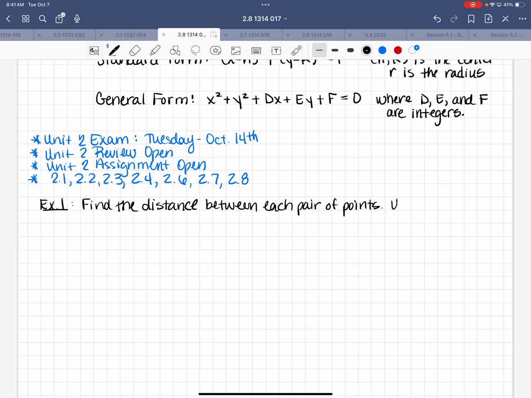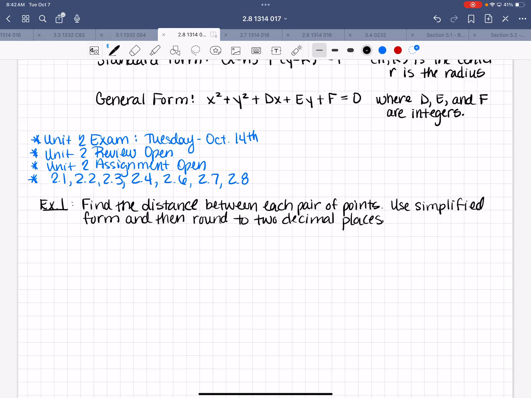Okay, we want to use simplified form and then round to 2 decimal places.